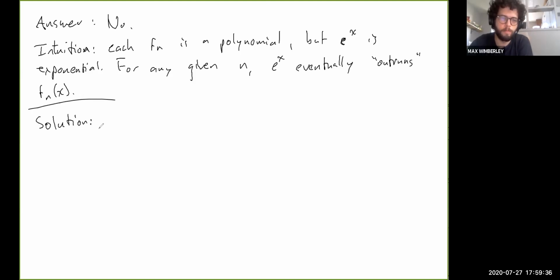I would first say, as a lemma, we claim that the limit as x approaches infinity of e to the x over Fn of x is infinity for each n.